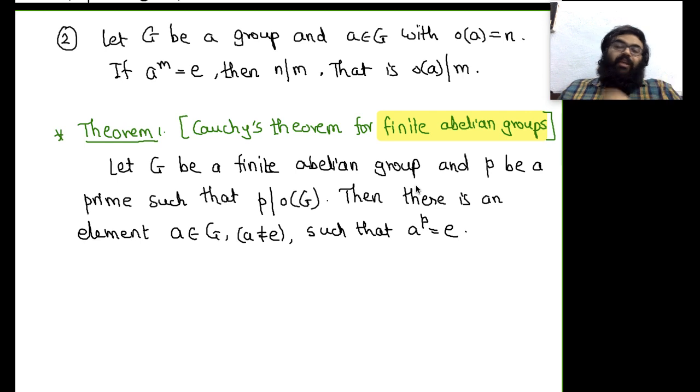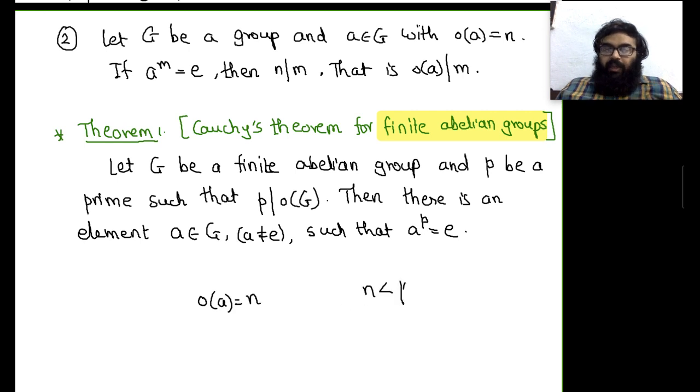So what does this mean? From the above second exercise, what is the order of A? The order of A is the smallest integer n such that A raised to n equals the identity. So what could the order of A be? Suppose the order of A is n. Can n be less than p?